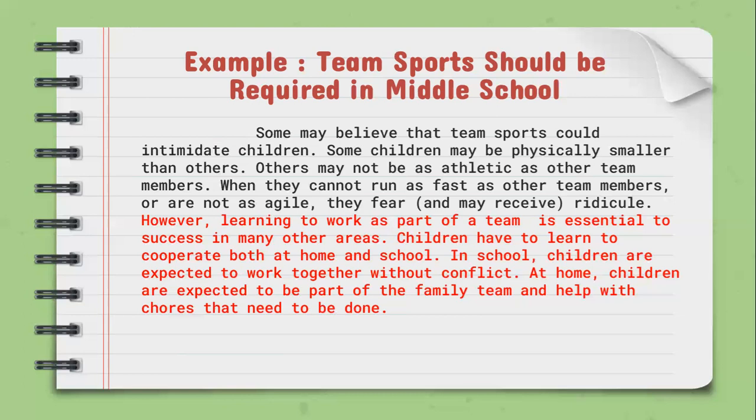At home, children are expected to be part of the family team and help with the chores that need to be done. So that is the rebuttal. Again, rebuttal is basically your way of saying no, you are wrong, and here is why. For your rebuttal, you must also use evidence, like quotes, paraphrase, or summary with citation.